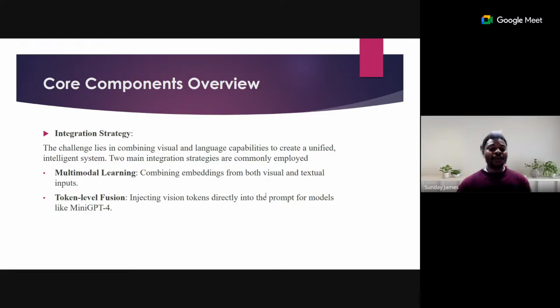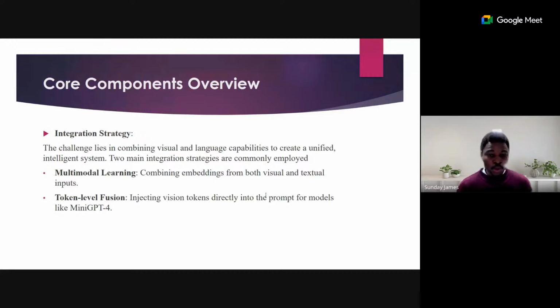During our data gathering and processing, we can get our visual data and our textual data embeddings and train this model to understand both. Now, this creates a very large model, and most times we have issues trying to run this model in our low-level controllers and all of that.